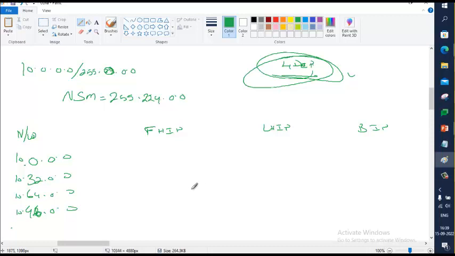Yep. Now what will be the first IP of the first subnet? The broadcast. That is broadcast 255. So last host ID, LHIP.